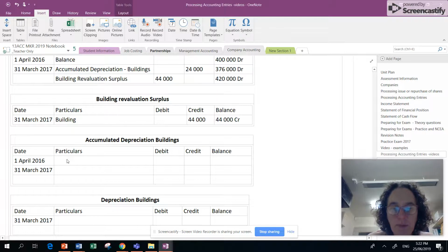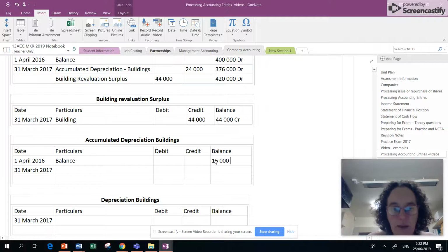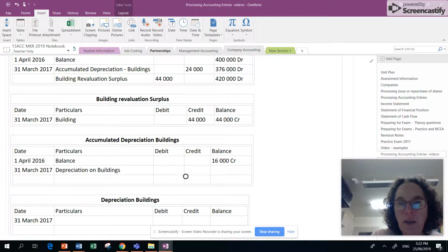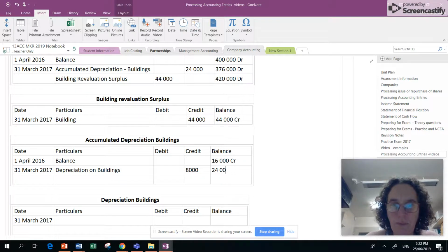In our accumulated depreciation account, we'll have the balance, which was the original $16,000, and it'll be a credit. Then we're going to have the depreciation for this year coming through, which is the $8,000, taking us to the $24,000 credit.